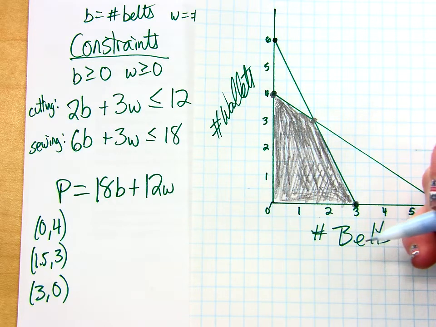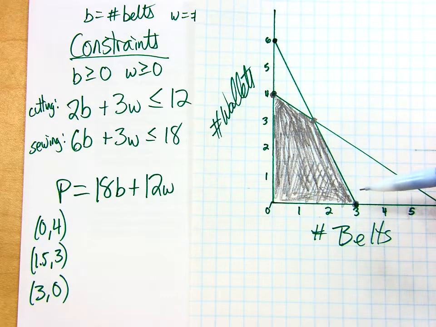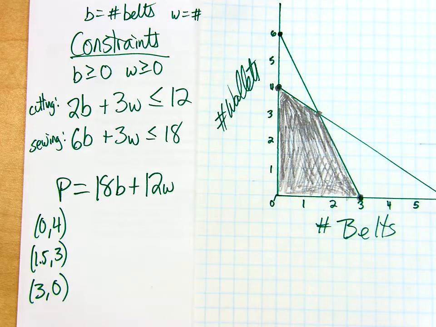Can I make 1.5 belts in a week? Why not? Because you don't want to sell something half a belt. I can't sell half a belt, but I can make half a belt in a week. It's not ready for sale yet. It's like you could read half a book in a week, right? Think about it.